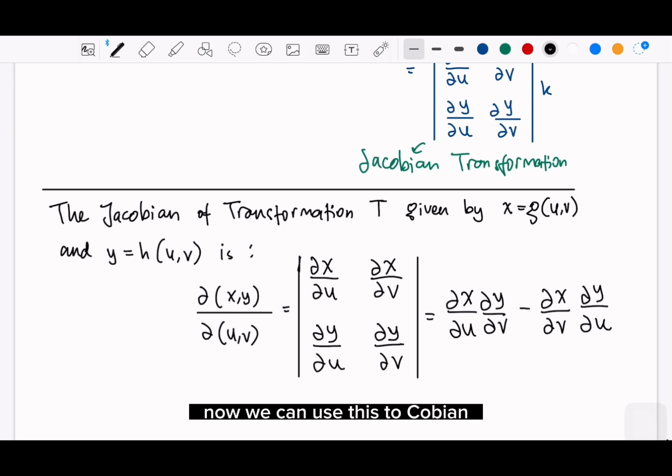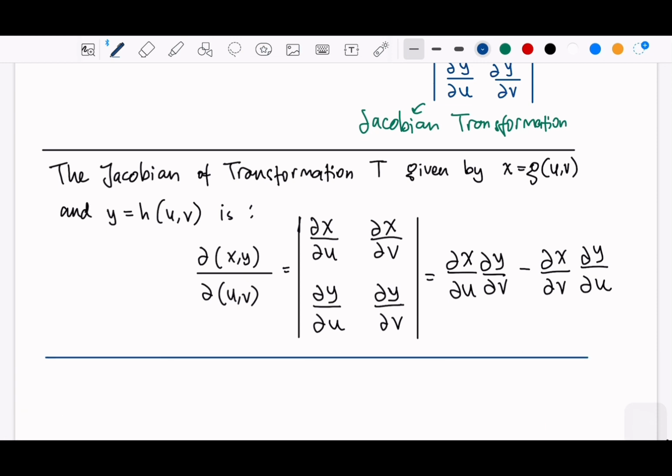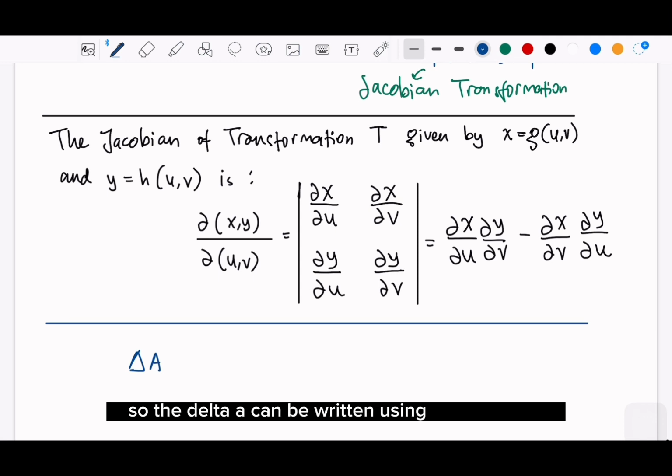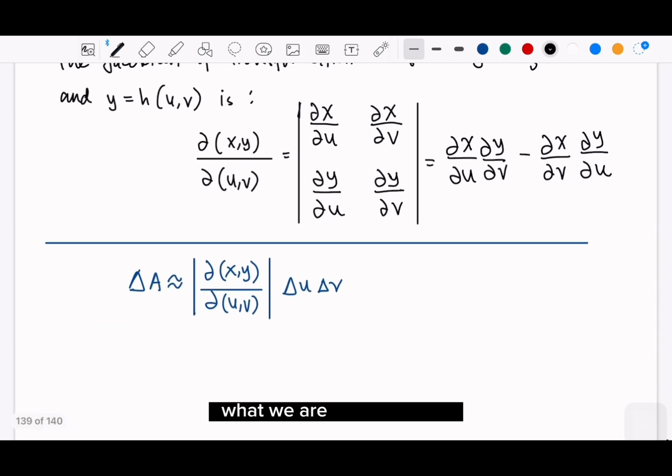Now we can use this Jacobian to change our delta A in our double integral. So the delta A can be written using our Jacobian. So basically, what we are going to do is change the delta A using this Jacobian.